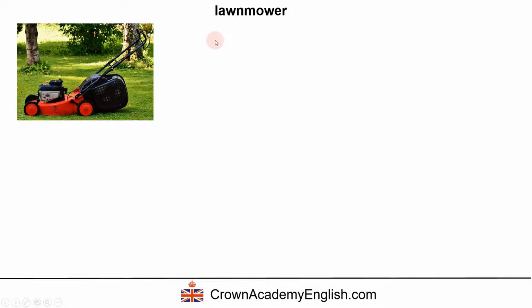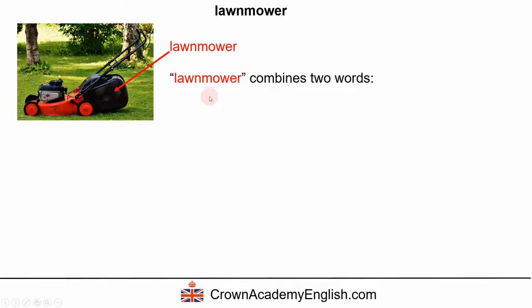So linked to that word, we have a lawn mower. It's all one word. So this machine is the lawn mower. In fact, it's one big word, but it combines two separate words. We have lawn, which you've already seen. Lawn is the noun, and this means the grass.